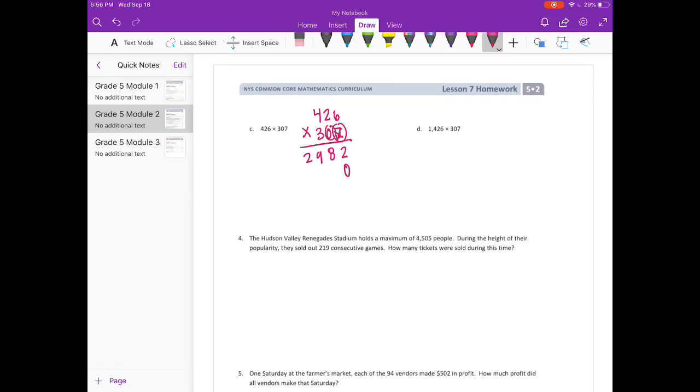These are all going to be 0 because we're multiplying by 0. So 0 times 6 is 0. 0 times 2 is 0. 0 times 4 is 0. On to the hundreds place. 3 times 6 is 18. 3 times 2 plus 1 is 7. And 3 times 4 is 12. So 130,782.